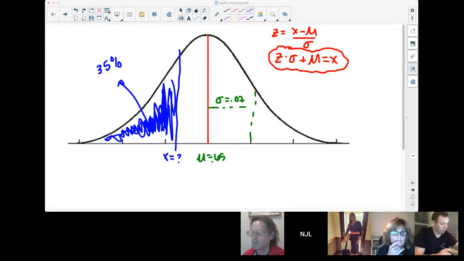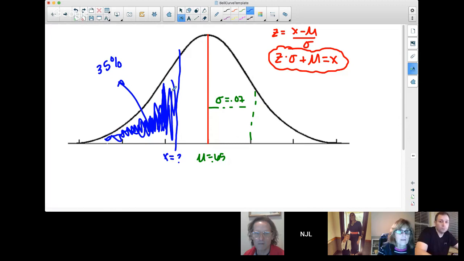On this one, you are going to do the opposite. Instead of ending up starting with the applet, the very first thing you need to do is go to the applet. You need to shade just the left region right there. I've drawn it. And then up in this area box, you're going to put in 0.35.